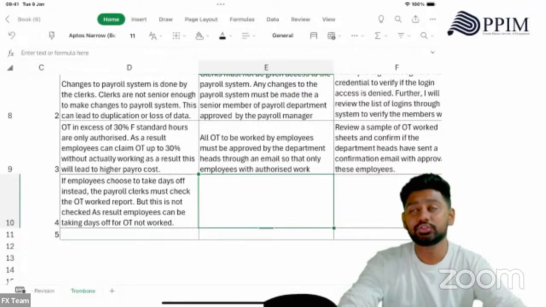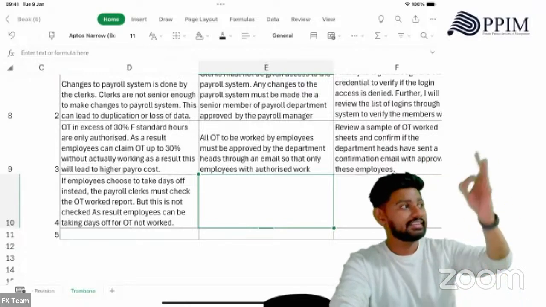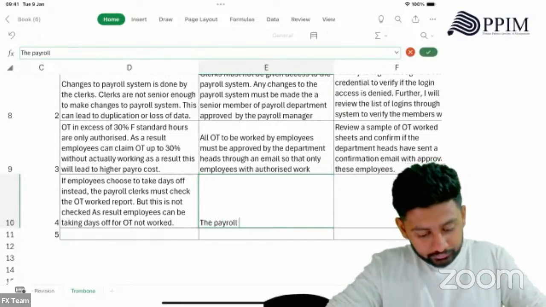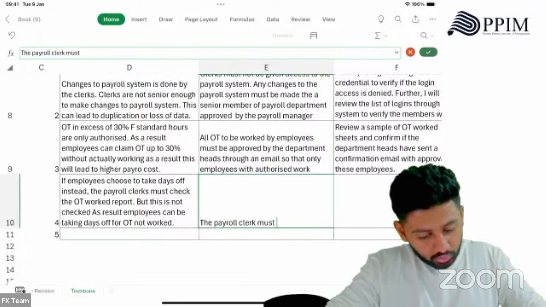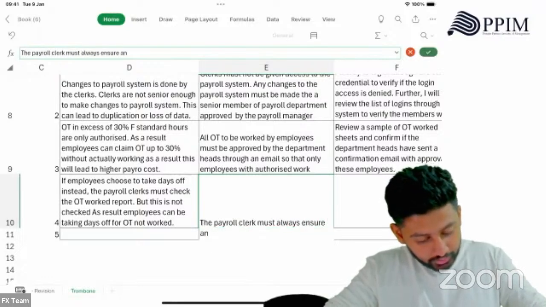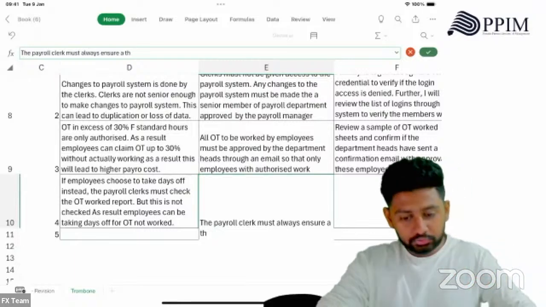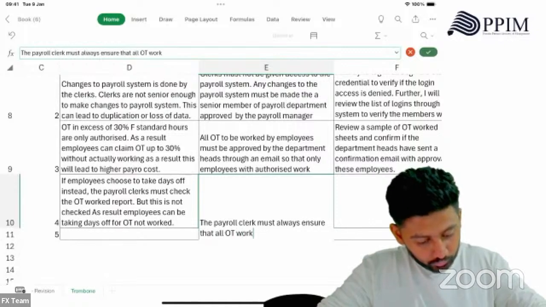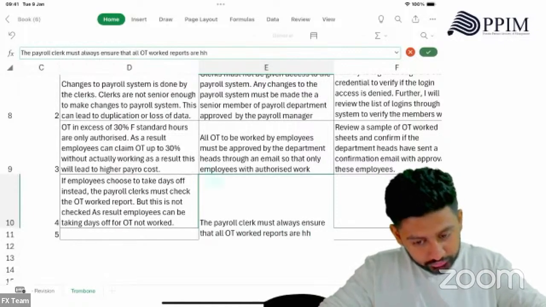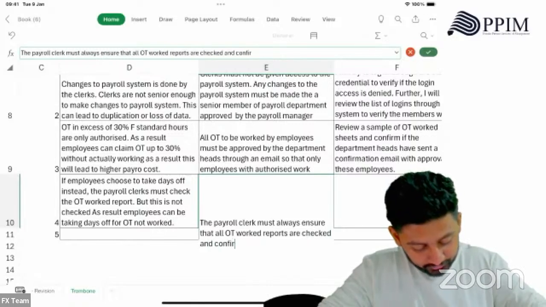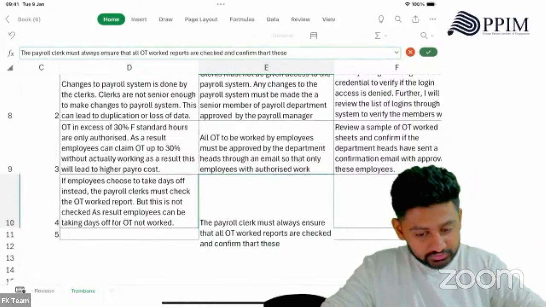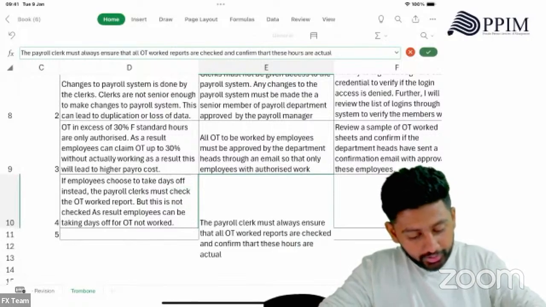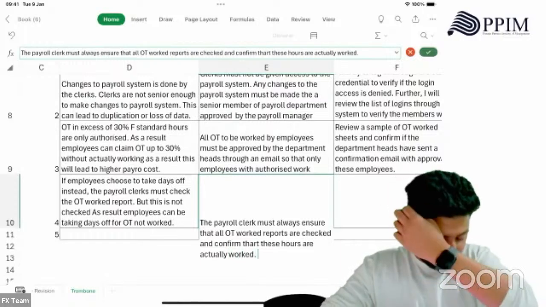Now the payroll clerk is not checking. What the payroll clerk should do is check and confirm that these guys did really work before giving them days off. The payroll clerk must always ensure that all overtime worked reports are checked and confirm that these hours are actually worked.